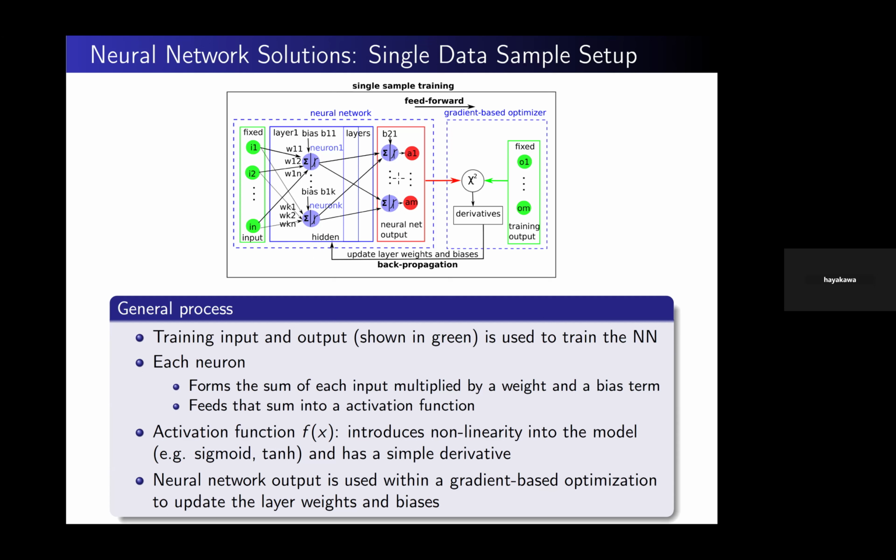And then this output gets put into the chi-square. We have the Levenberg-Marquardt over here. So this activation function introduces nonlinearity into the model. Sometimes they use sigmoid, hyperbolic tangent.